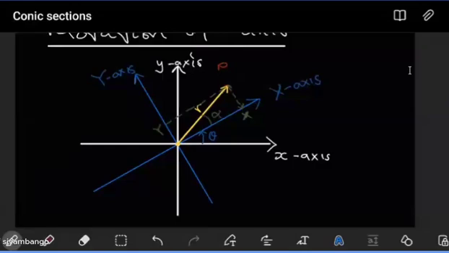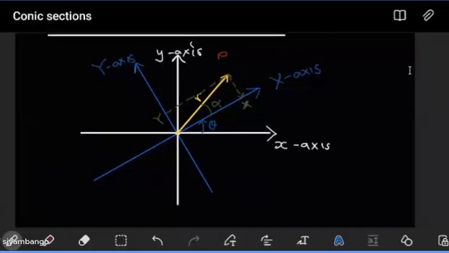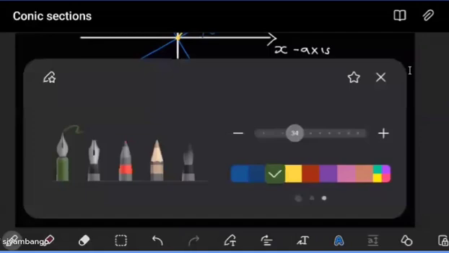I hope you guys are following exactly how I am working this out. So let's take that angle there to be alpha. If I just focus on that blue axis, what you should be able to see from that graph is that the point P is there, and then the line R is here.